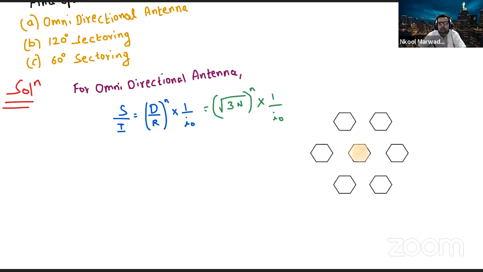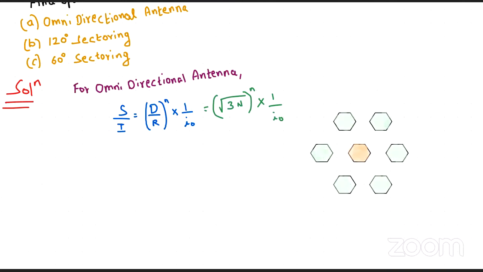Because whatever frequency groups or bandwidth is allotted to our main base station, the same bandwidth, the same frequency group, the same frequency channels are allotted to them. Hence they are prone to interference, because they are close also. Their signals contain the same frequencies, so they are prone to interference.